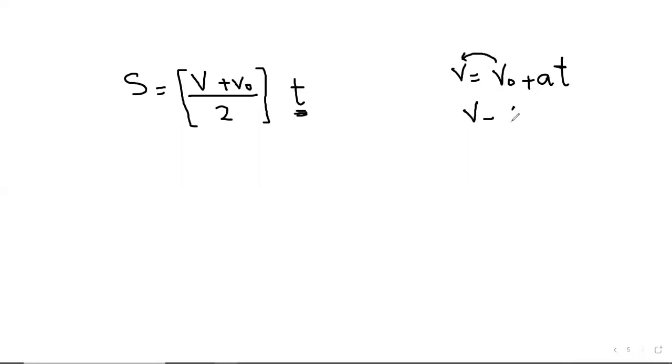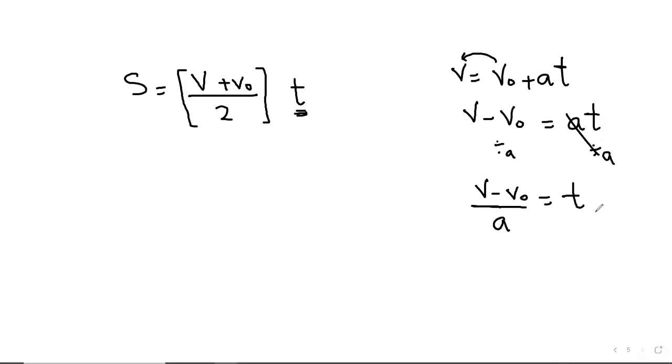It will be V minus V initial equals AT. Then divide by A both sides. So T will be equal to V final minus V initial over A. That's T. T equals V final minus V initial over A.